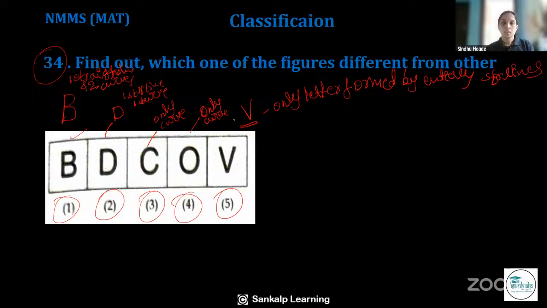So here V is different from the rest, because the remaining four letters are formed with one straight line and one curve, or totally with curves. But this fifth image, V, is the only letter formed entirely by straight lines. So here the correct option is answer 5.